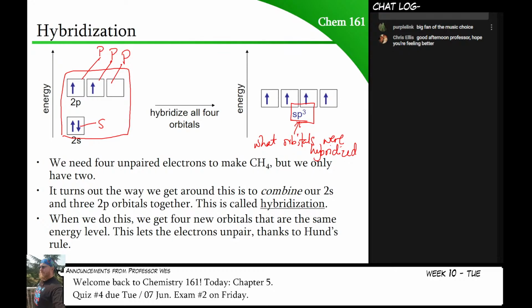So that shows that the model on the left is accurate to where the electrons are for regular old carbon by itself. So this over here is regular carbon. This over here would be carbon when bonding to stuff.